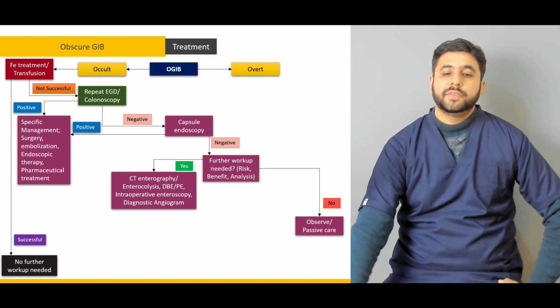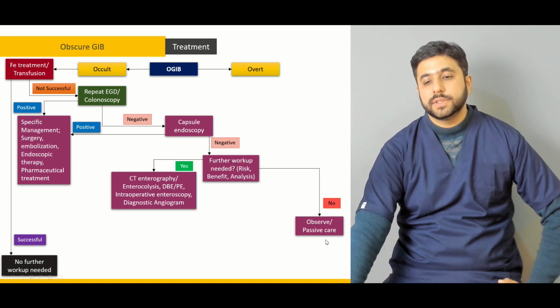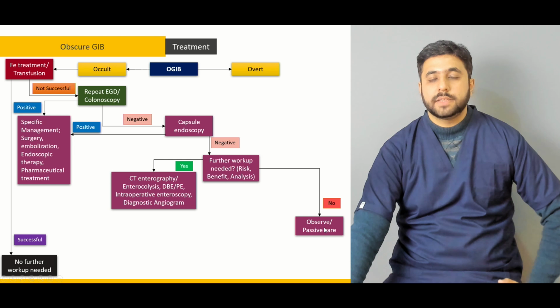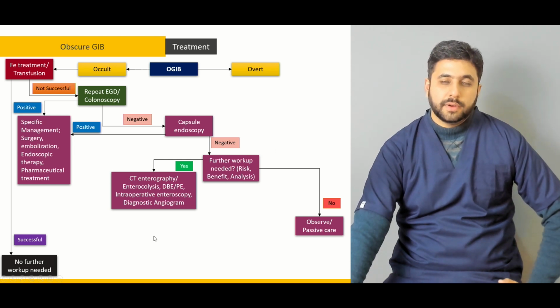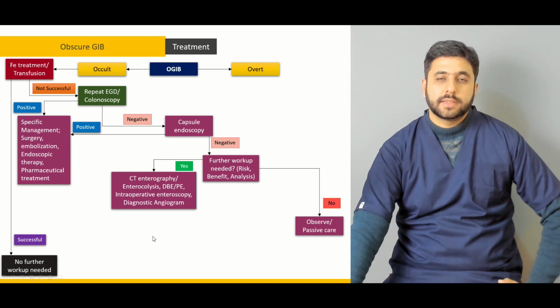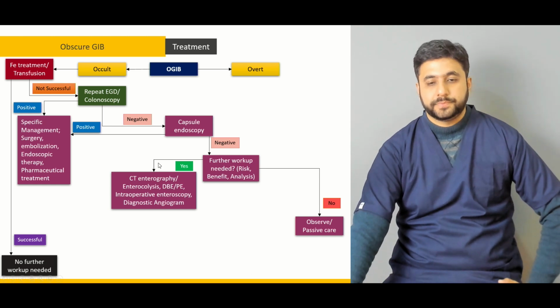If the risk outweighs the benefits and you don't go into these advanced procedures, then you just observe and passively care for the patient, and you look at the patient fairly closely. You monitor his signs and symptoms on a regular basis, or you schedule regular follow-up visits with such patients.